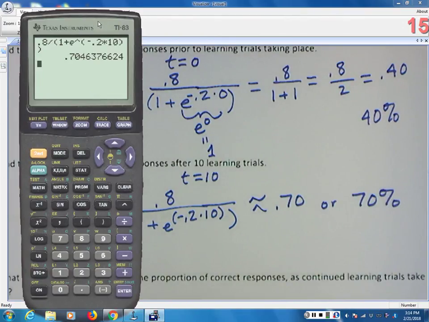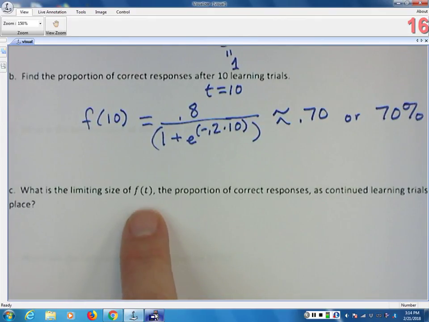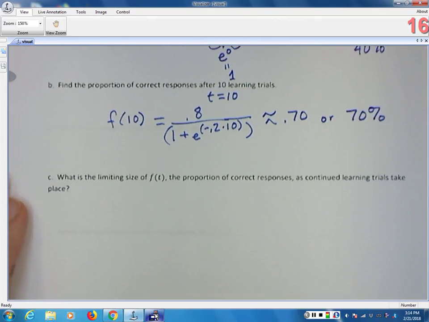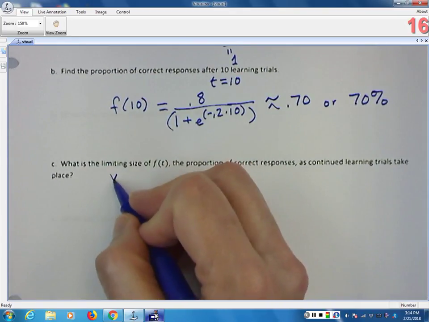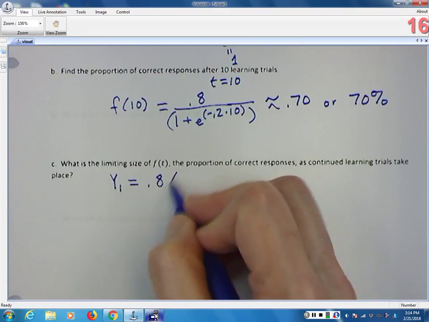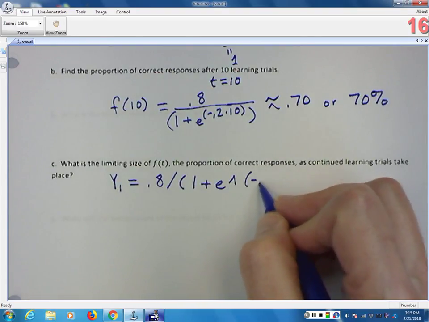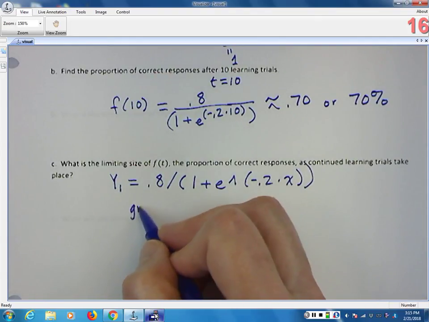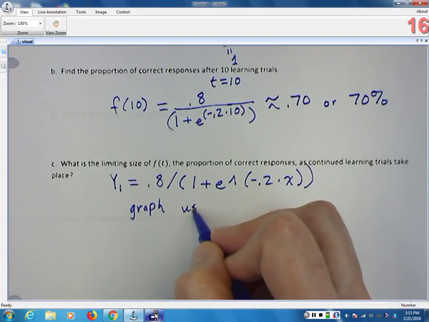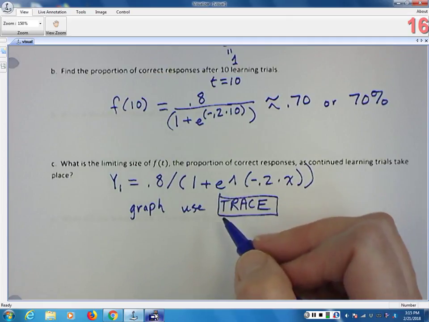Okay, and the last question says, what's the limiting size as continued trials take place? You can put it in your calculator, y1 equals 0.8 divided by parentheses 1 plus e to the negative 0.2 times x. And then we'll graph it and use trace. But you do need to change your window.